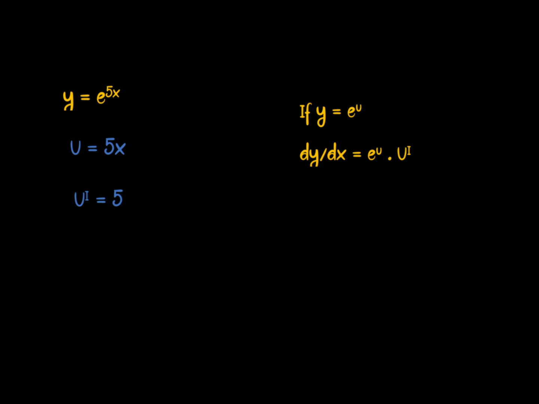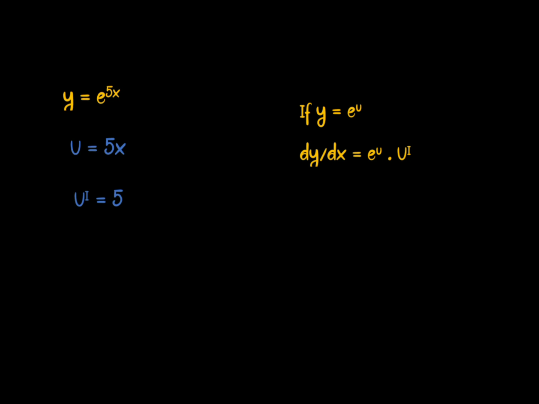So the u complement we have there is 5. And then we bring in our technique. Don't forget, on the right hand side of the screen, the technique says if y equal to e to the power of u, then differentiating y with respect to x gives e raised to the power of u multiplied by u complement.